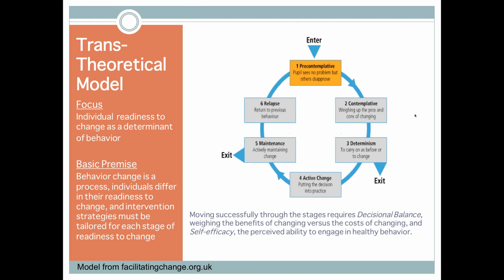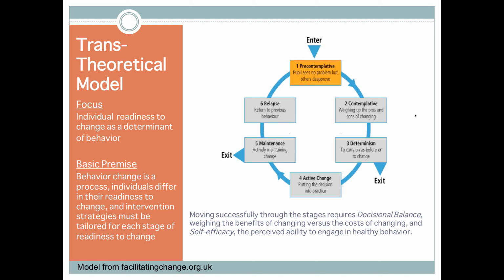And decisional balance is this process that individuals go through at each stage where they are looking at what are the benefits to me of making this change versus the cons of making the change. So it's kind of the pros versus the cons.